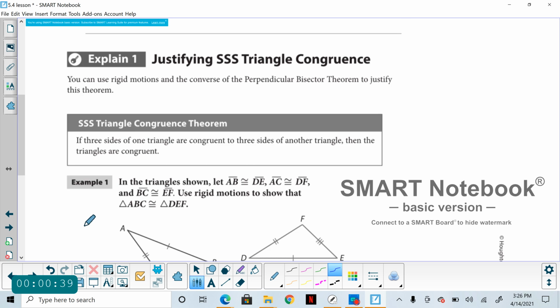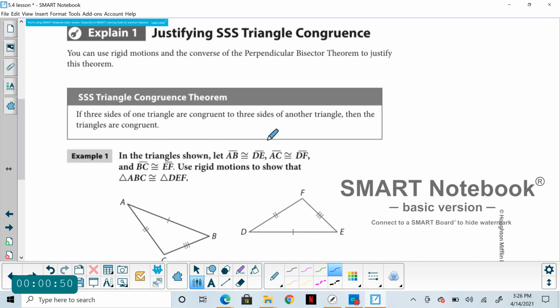Explain one. Justifying the side, side, side triangle congruence. So the congruence theorem itself states that if three sides of one triangle are congruent to three sides of another triangle, then the triangles are congruent.